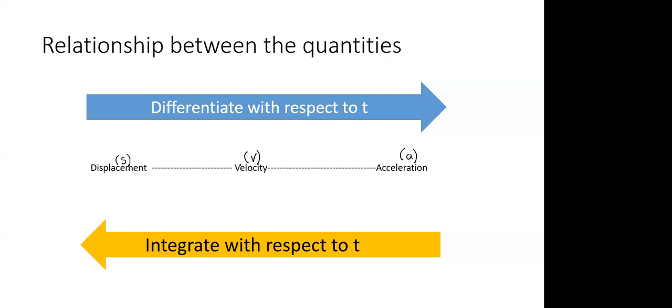Now, in order for you to obtain velocity, you have to differentiate. To move from displacement to velocity, you differentiate your displacement. To obtain acceleration, which is related to velocity, you differentiate your velocity.